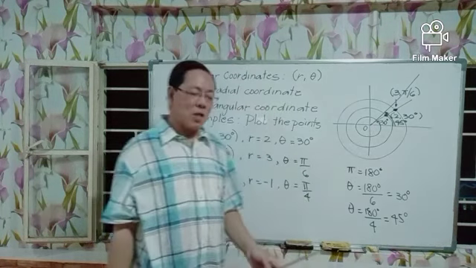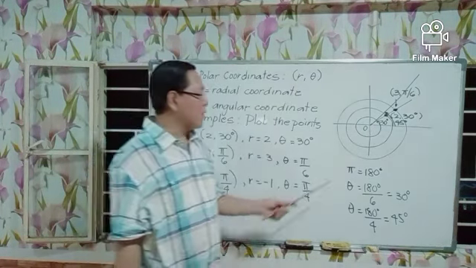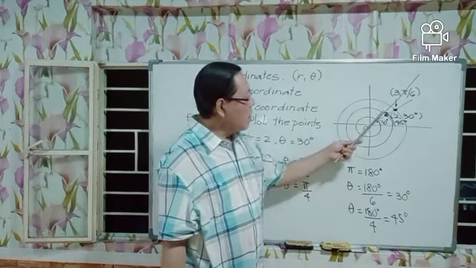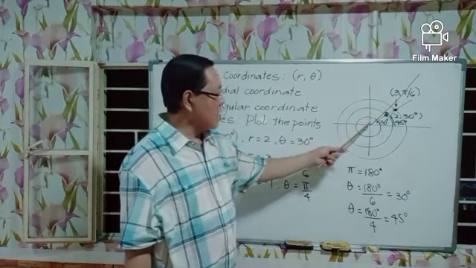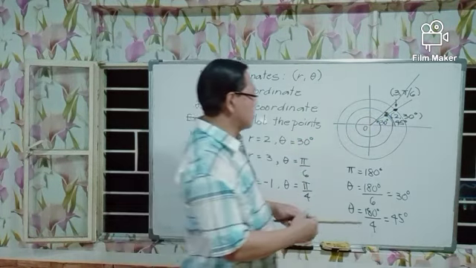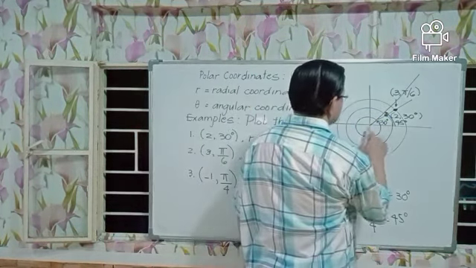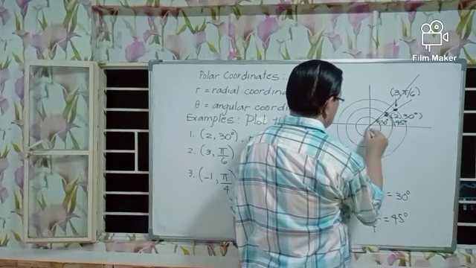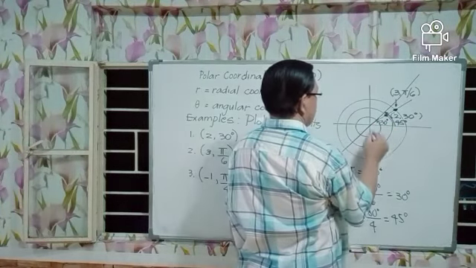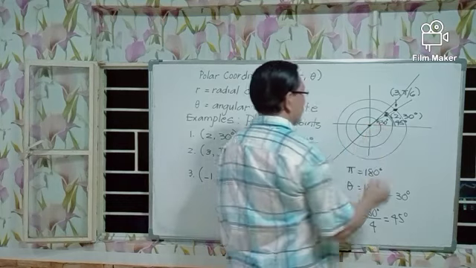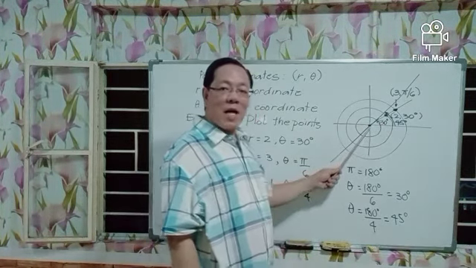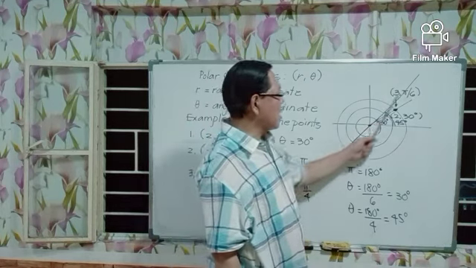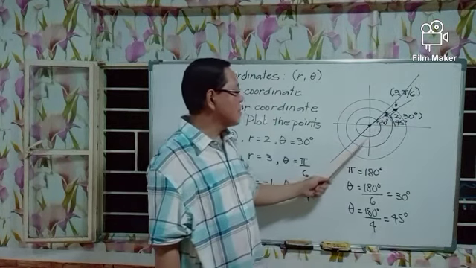But the given radial coordinate is negative 1. That means we measure 1 unit on the ray opposite the terminal side of 45 degrees. So this is just the extension of the terminal side of 45 degrees.